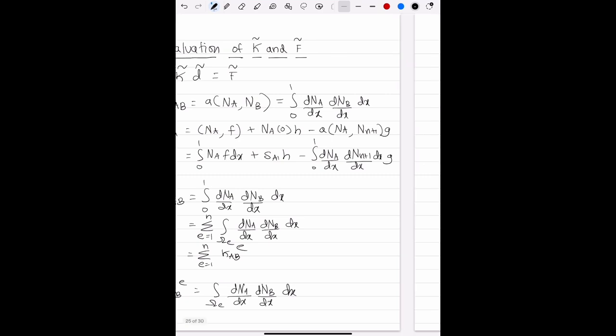Now let's remember what element e looks like. If you remember, element e includes two nodes, node x_e and node x_{e+1}. Within element e, only two basis functions are non-zero, and they can be expressed as follows.